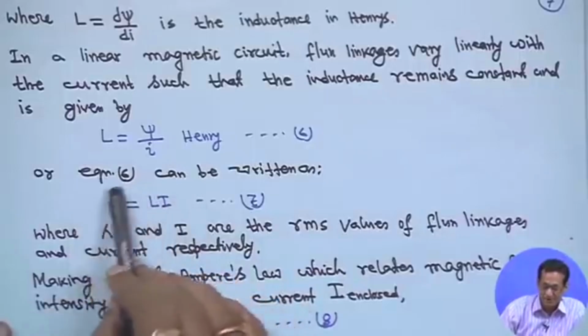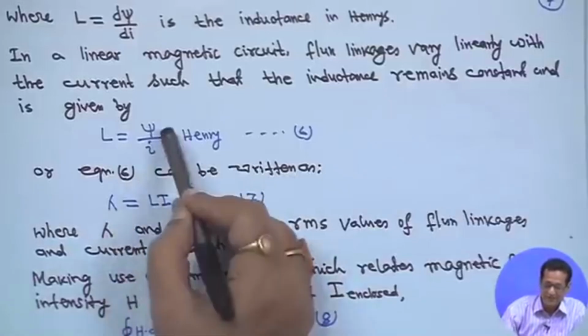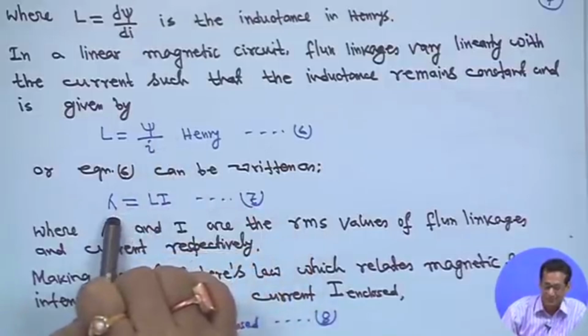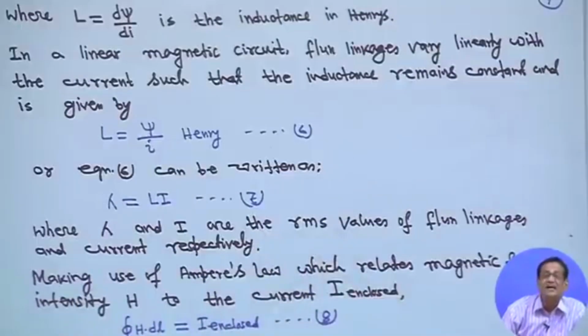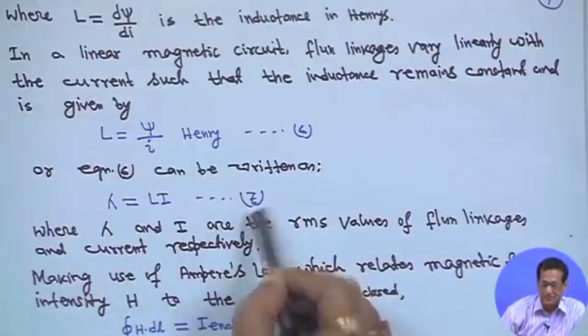So equation 6 we can write as lambda is equal to L I, where lambda is equal to psi, the flux linkages, but now represented by lambda. Lambda and I are the RMS values of the flux linkages and current respectively. This is equation 7.